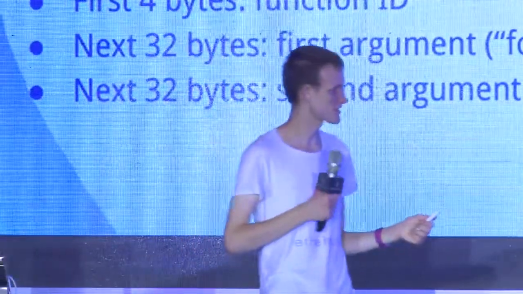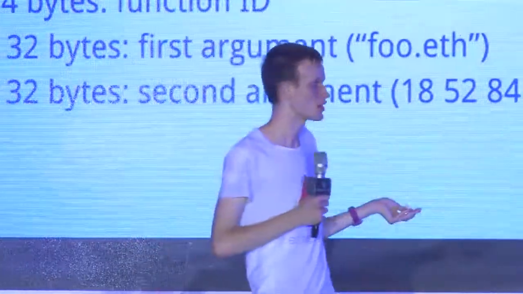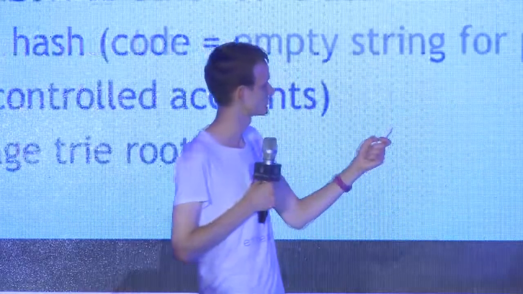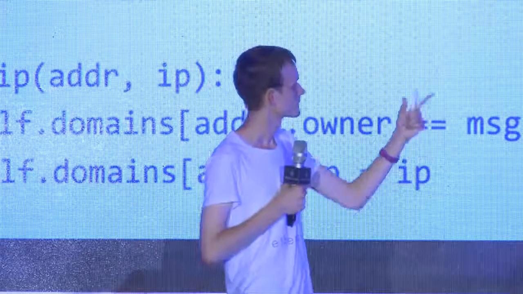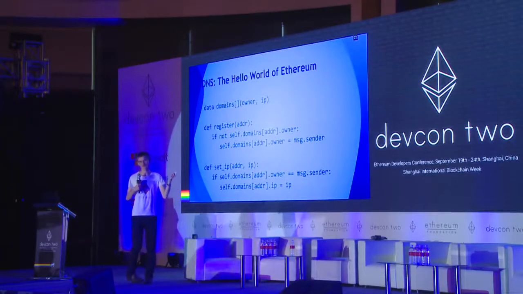ABI. So this is basically that if I want to call some contracts, and if I want to register a domain name, then how am I going to do that? Well, over in the Serpent example, you might notice that I might want to do something like call the setIP function with some particular address and with some particular IP address.